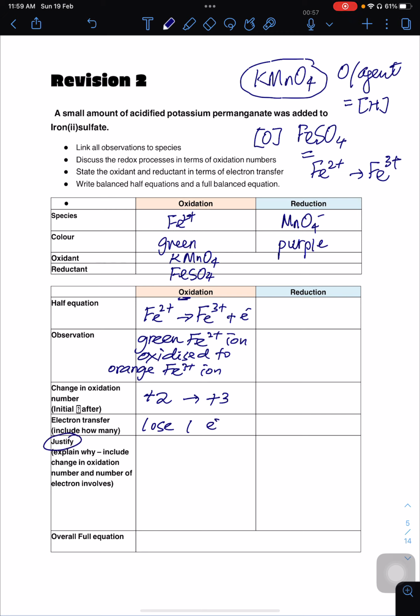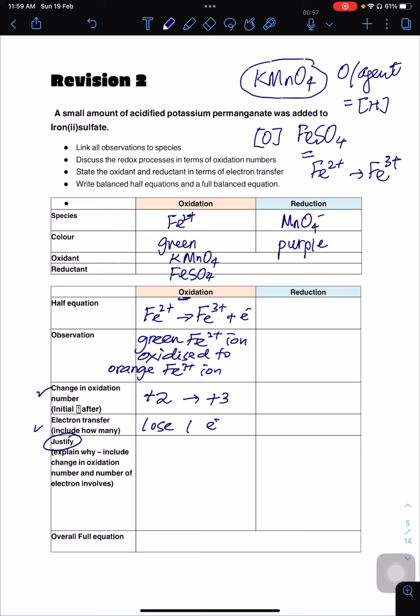And justify: you have to explain why you choose iron(II) sulfate as undergoing oxidation. So you combine what you have written in the previous two rows to explain and justify the reason why you choose FeSO4 as undergoing oxidation.